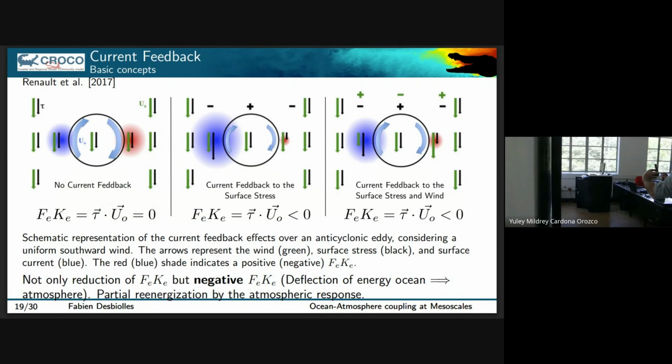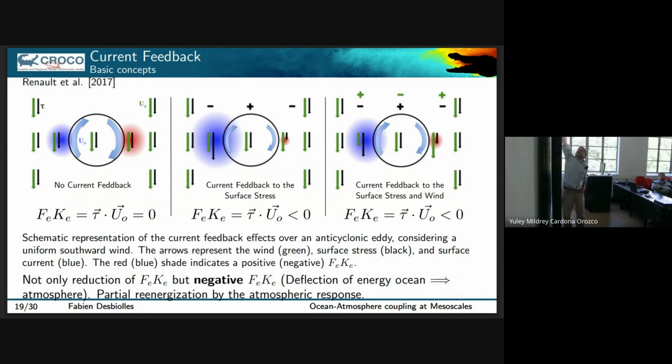But then, obviously, if there is more stress, the wind is more constrained, okay? So here there is no atmospheric response to the stress. And here we add the atmospheric response to the new stress calculation. And we see that the stress is higher on one side than on the other. So when the stress is higher, the wind is more constrained, the wind diminishes.